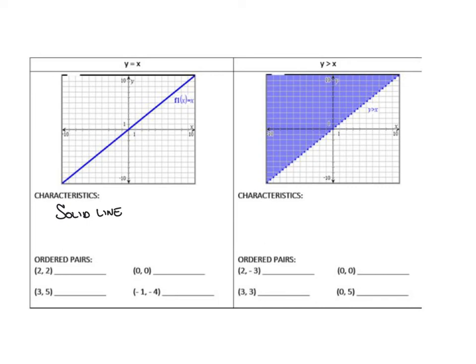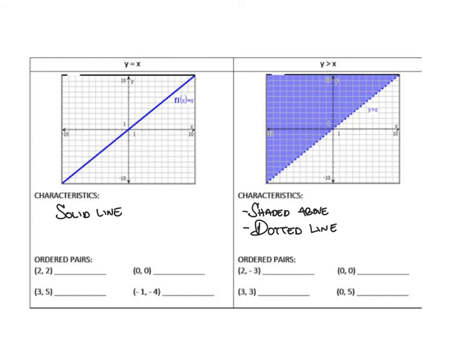Now, what happens over here in my inequality? Well, first of all, I have shaded area. In this case, it is shaded above. And then sometimes I have solid, sometimes I have dotted lines. In this case, I have a dotted line. Now, what does the dotted line mean? That if I have a point on that line, it is not going to be part of my solution.